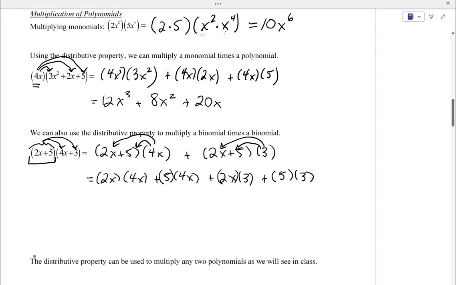So when we multiply binomials together, really we're using the distributive property twice. First time to get the first chunk through, second time to make sure we get the second chunk through.